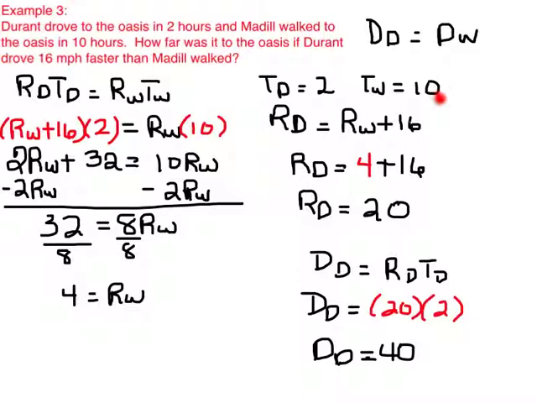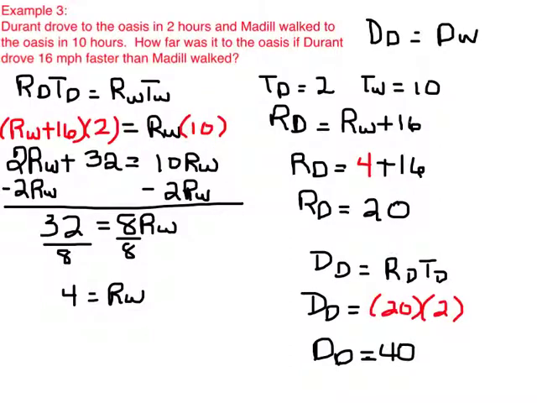We know that the rate is not the same. The rate of driving would be the same as the rate of walking if we added 16 to the rate of the walking. Okay, so we're going to substitute this in right here for RD, and then for TD we have 2, RW and TW we had 10.